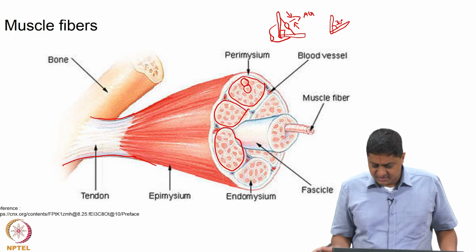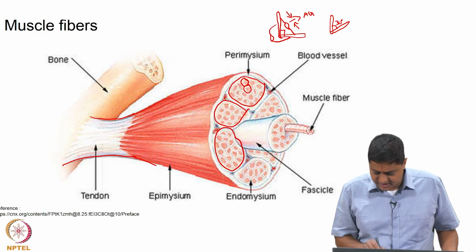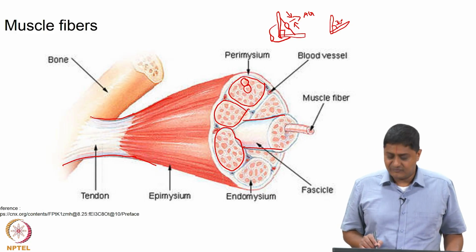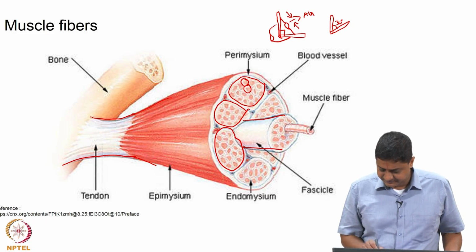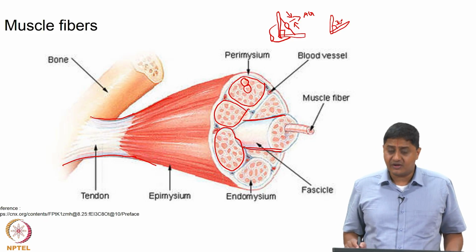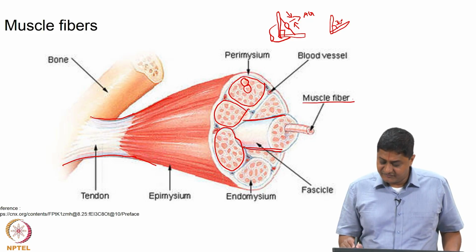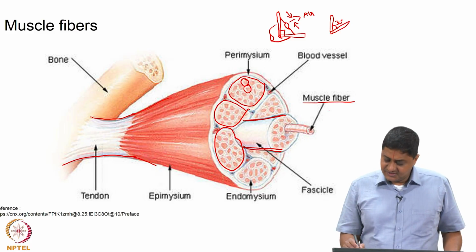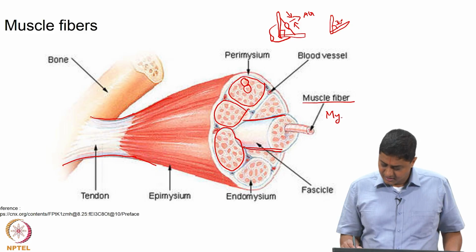Within this, let us take a zoomed out version of a single fascicle. A fascicle is basically composed of several muscle fibers. This muscle fiber itself is composed of several myofibrils.